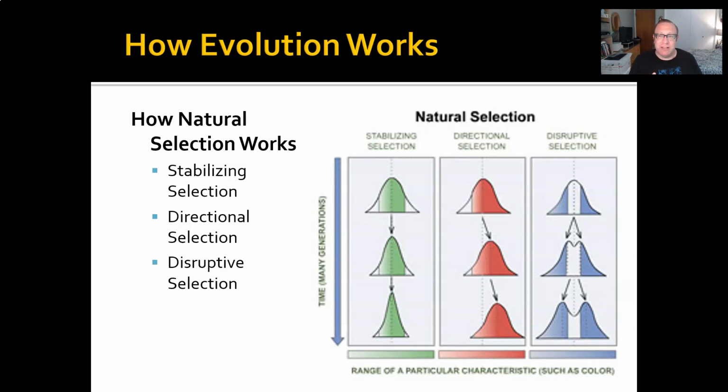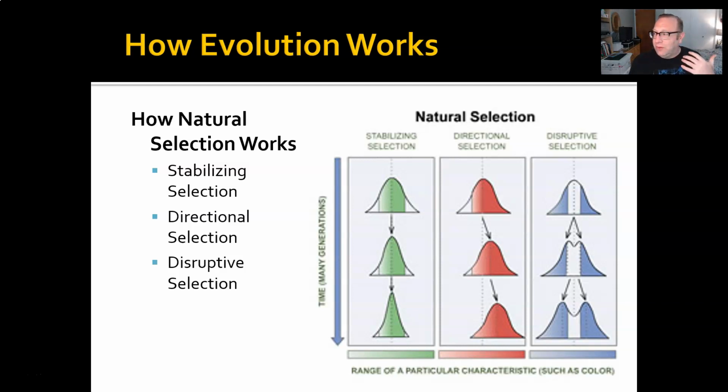And as it does so, the number of those individuals with those alleles falls and keeps falling until you start getting two new peaks here, what we call a bimodal distribution. Okay, this is very important because essentially what's happening is the population is being separated into two different populations.